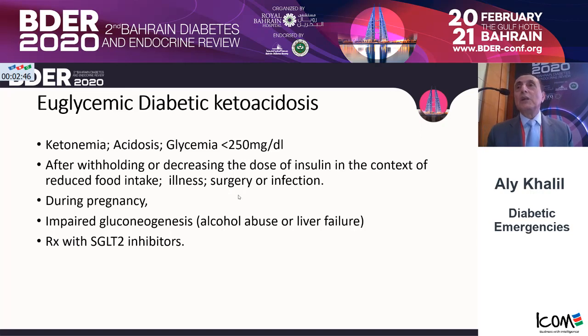We have seen this now with the introduction of SGLT2 inhibitors as anti-glycemic medication. We now know this condition exists because there is some degree of insulin within the system, but the amount is very minimal, and the patient goes through an acute event, either surgery, sepsis, or infection. That's why they present with minimal hyperglycemia, mainly ketone formation.